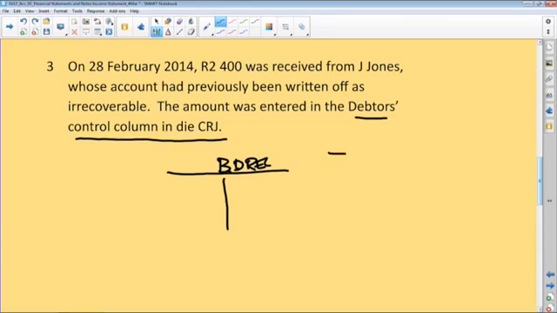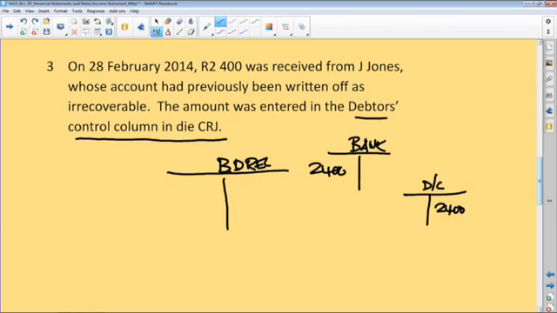I want you to identify what has happened. We have debited bank with an amount of 2,400, and we've credited debtors control with the 2,400. Clearly, you can see your error. This does not belong in the debtors control. It should have gone to bad debts recovered.